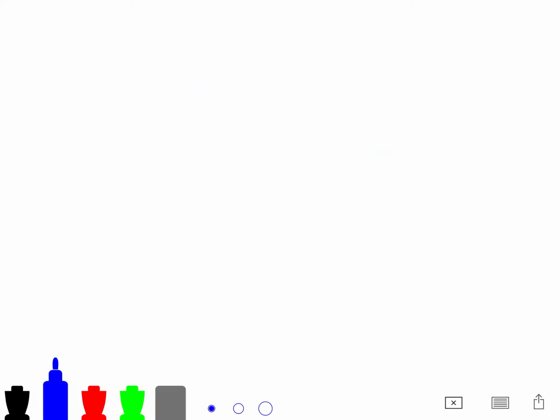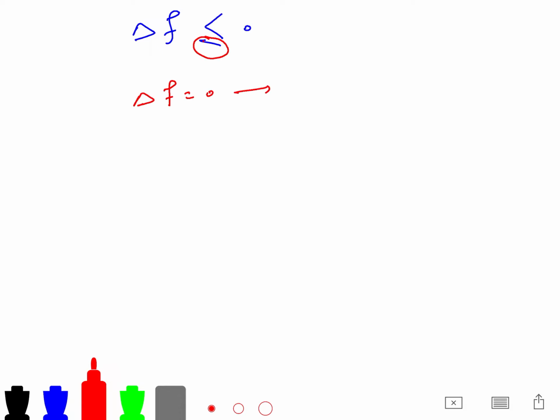And now we want to talk about superharmonic functions in A. We call it superharmonic if delta F is less than or equal to 0. Look at this inequality. We know that when it is equal, it is just harmonic. So when delta F is equal to 0, we call it harmonic in A, so locally it is harmonic.